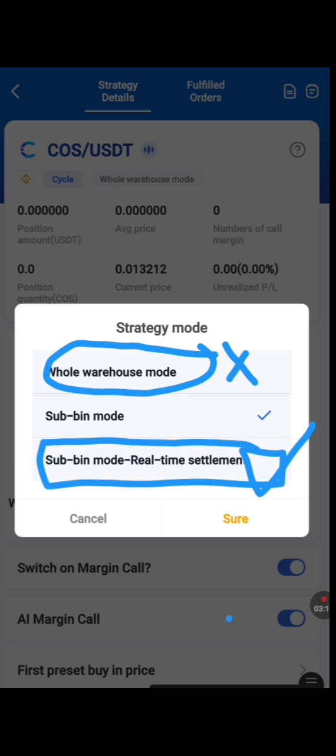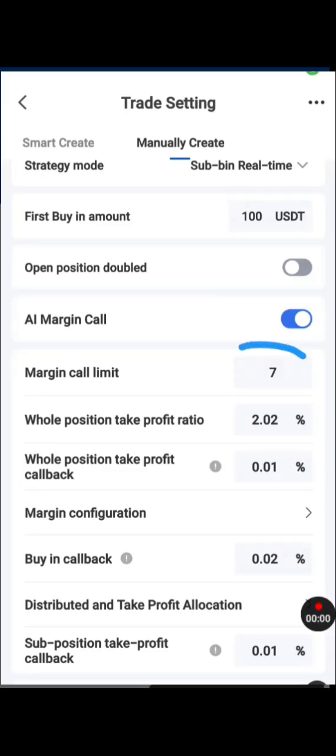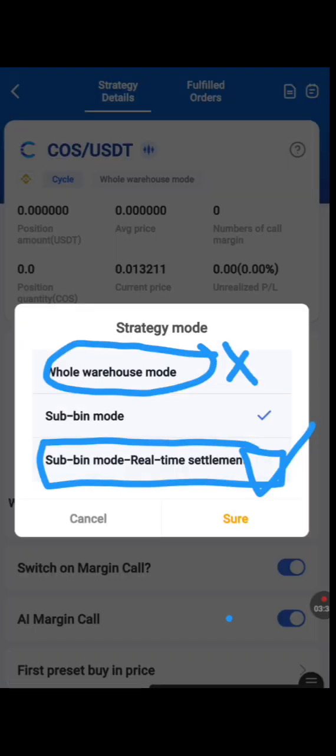And for you to change the strategy mode from whole warehouse to either sub-bin or sub-bin mode real-time settlement, you need to ensure that you have set more than 4 margin calls. At least have 5. That is the only way you will be in a position to change the strategy mode from whole warehouse to either sub-bin mode or sub-bin mode real-time settlement.